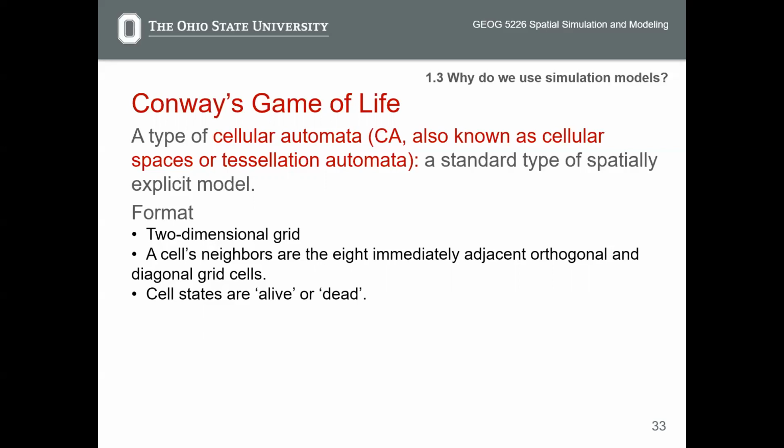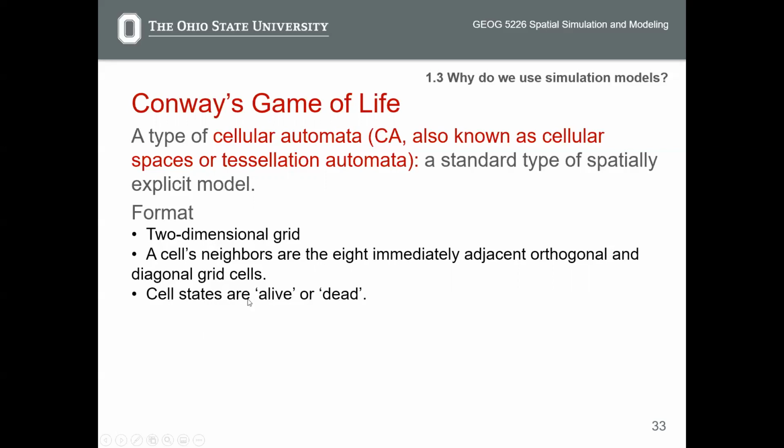Later this semester, I'll introduce that there are different ways to define neighbors, to define neighborhood. But for Conway's game of life, the surrounding 8 cells are all neighbors of the central cell. Cell states are alive or dead.